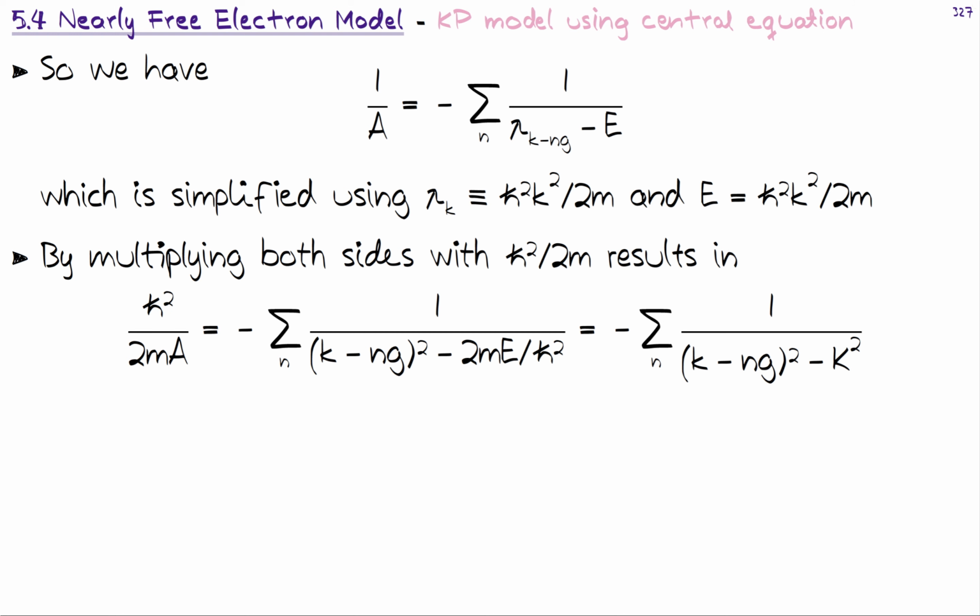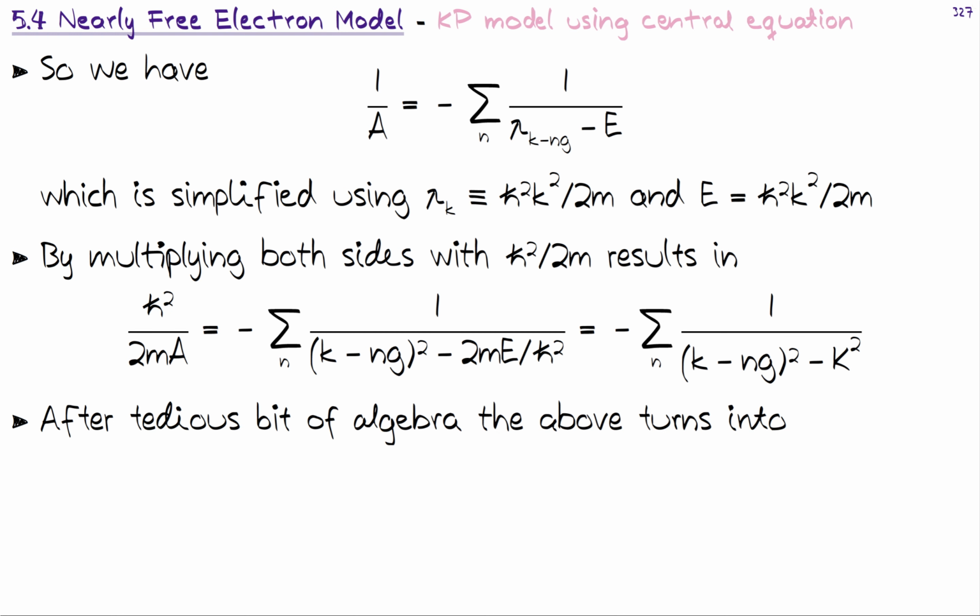And now, after a little bit of tedious algebra, which is actually not entirely straightforward, the above equation can be turned into the form that we wanted, because this is the form that we had already solved earlier.